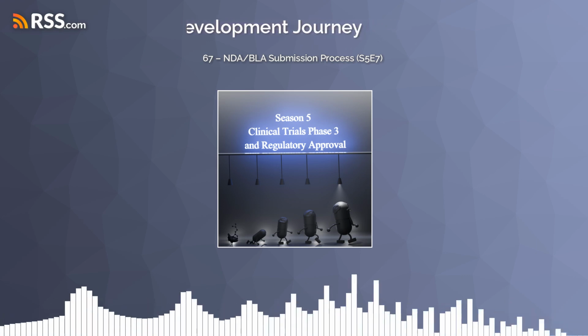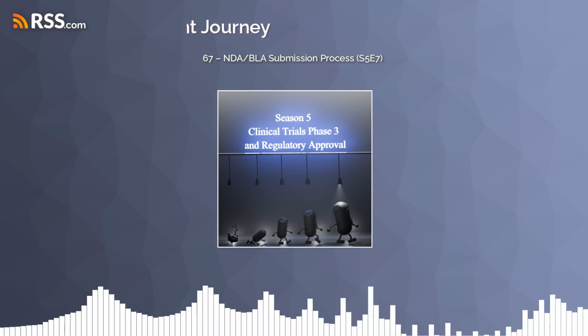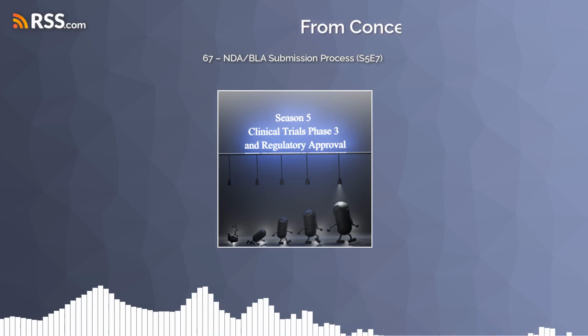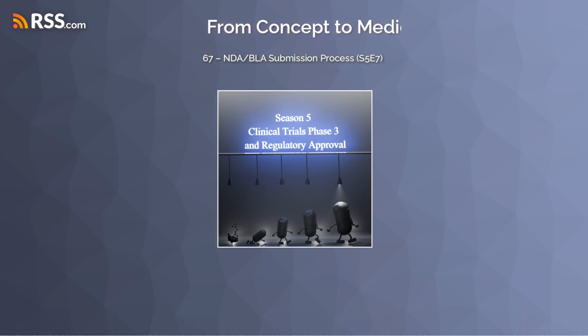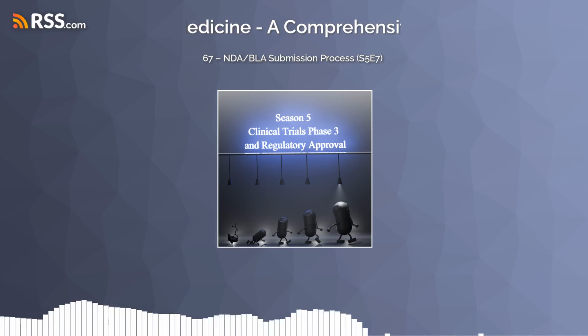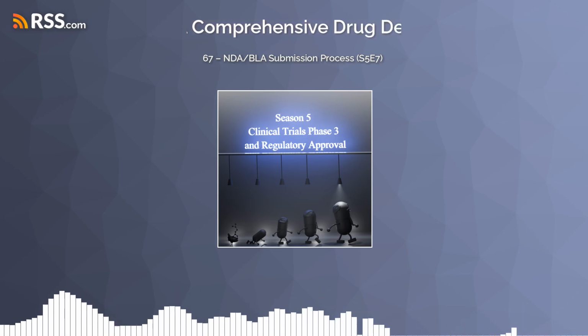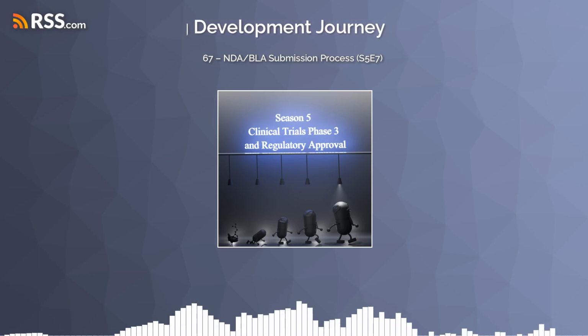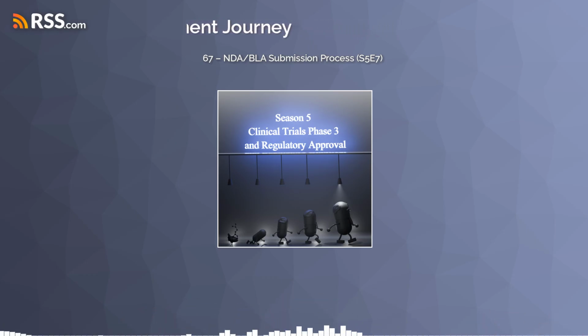You have to demonstrate beyond a reasonable doubt that it's safe and that it actually does what you say it's going to do. So the whole package is designed to prove that it's safe, it's efficacious, and it works for the condition it's designed to treat.